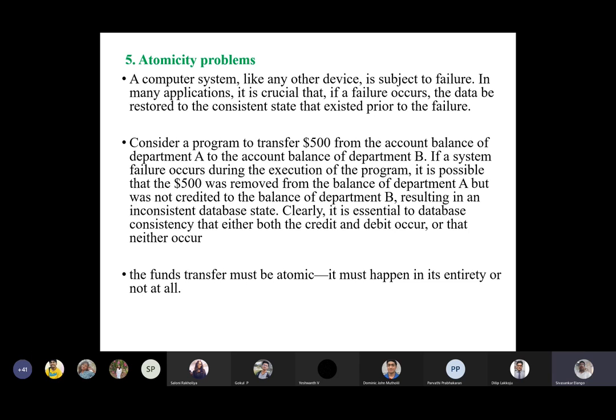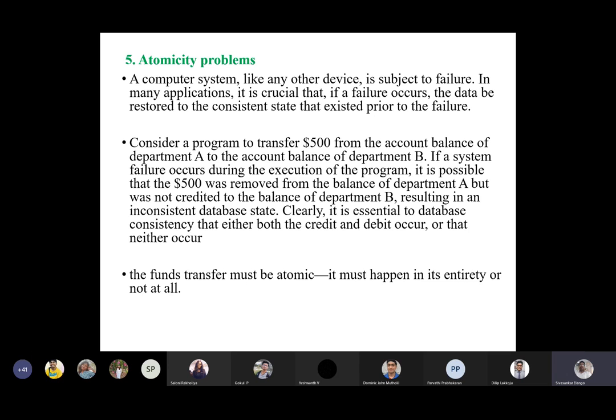What happens? The money is lost, which results in an inconsistent database state. If the money is lost, the transaction is a failure and it results in an inconsistent state of your database.